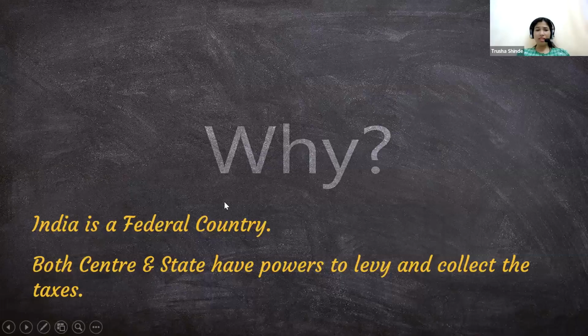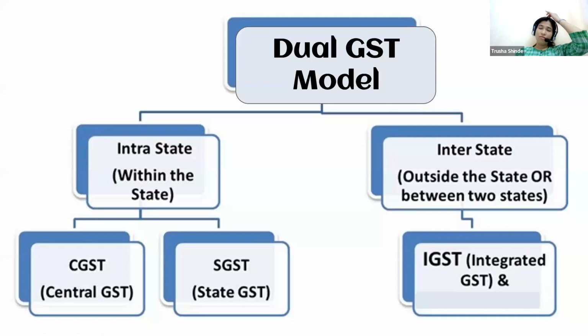Let's say the tax slab is, for example, 10%. When it comes to intrastate supplies, it will become 5% and 5%, because they both share that tax among themselves.